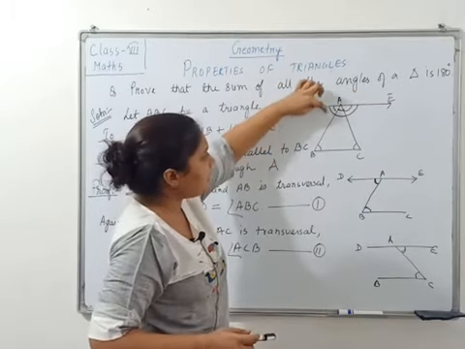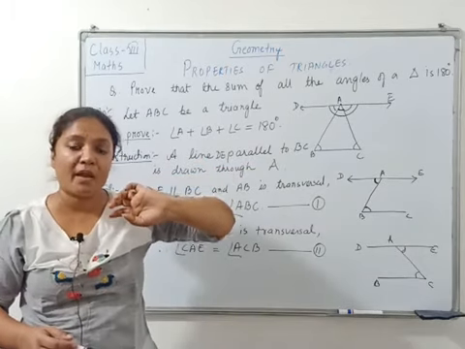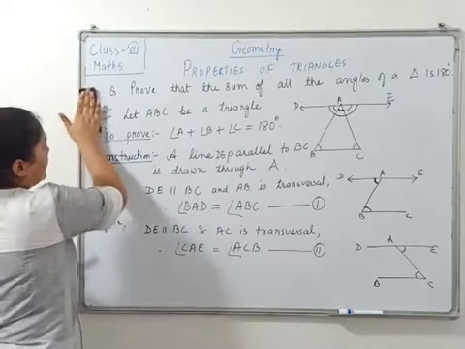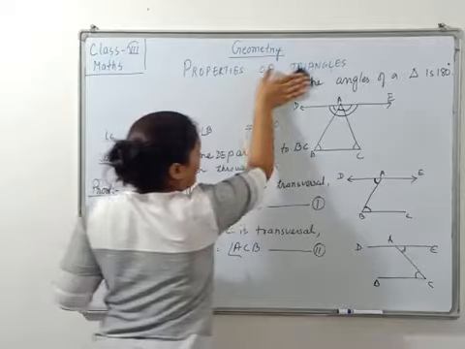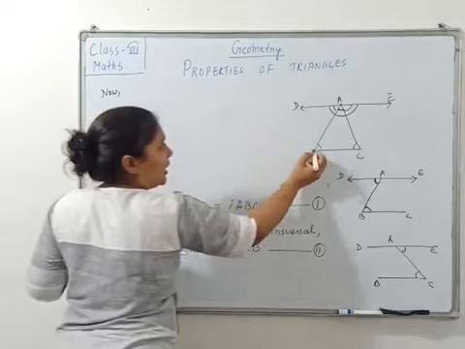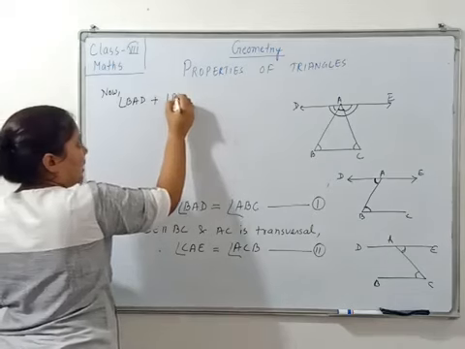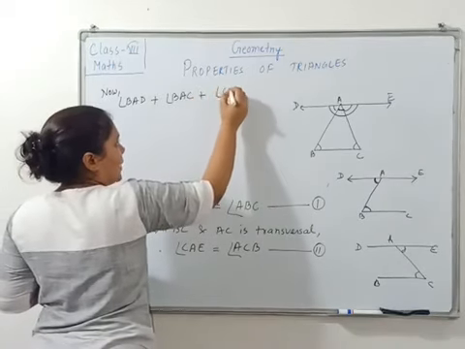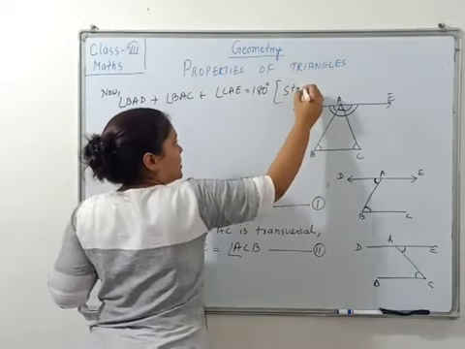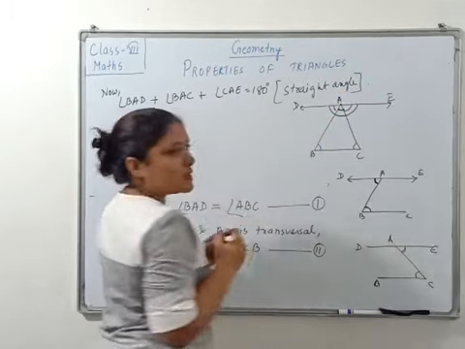All of you will note it down. What am I going to write here? Measure of angle BAD plus measure of angle BAC plus measure of angle CAE is equal to 180 degrees. They are forming a straight angle, and we know a straight angle is always 180 degrees.